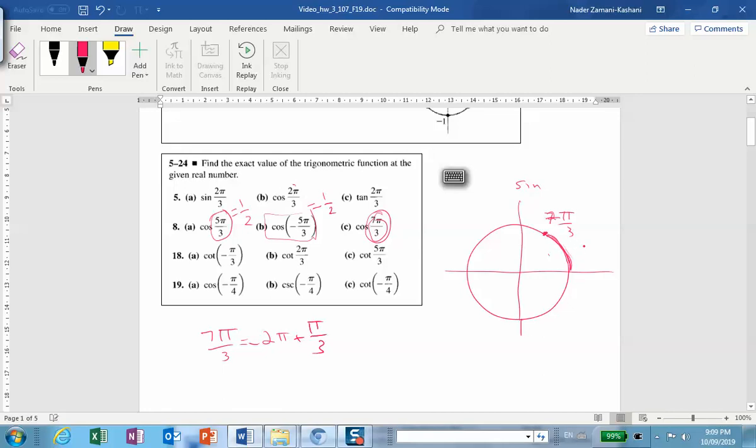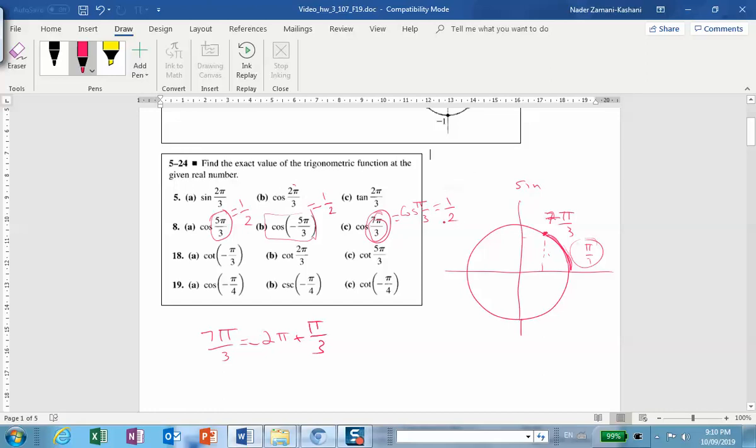So actually, the sine and cosine of this 7 pi over 3 are identical to the sine and cosine of pi over 3. So this is the same as cosine of pi over 3, and this is 1/2. All these three came out to be 1/2.